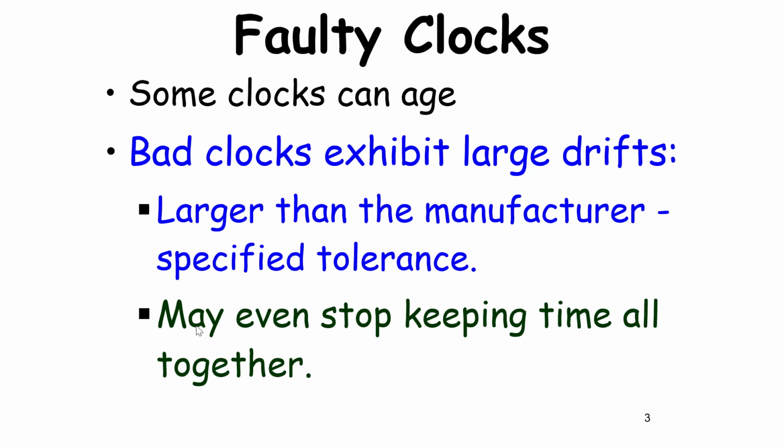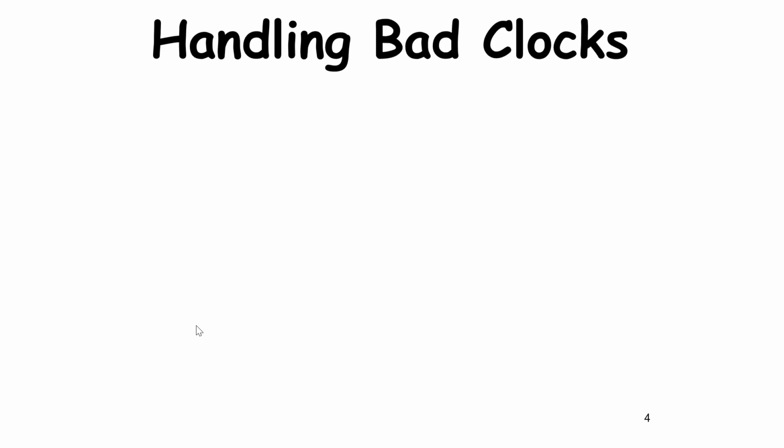But it is good news if a clock stops keeping time altogether, because at least then you know that the clock is not working, so you will not consider its input. But if a clock is deliberately lying, in the sense the process has a virus or something and has turned malicious, then it is a different kind of problem.